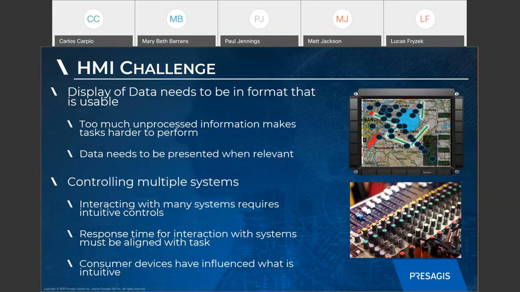Now, interestingly, with input devices, consumer devices are starting to heavily influence what is intuitive. As you go through different types of users and different age ranges and experiences, you find that a device or an input method that was relevant for somebody 15 years ago is, for the next generation of user, no longer intuitive or is not up to the task. The great example of this is touchscreens.